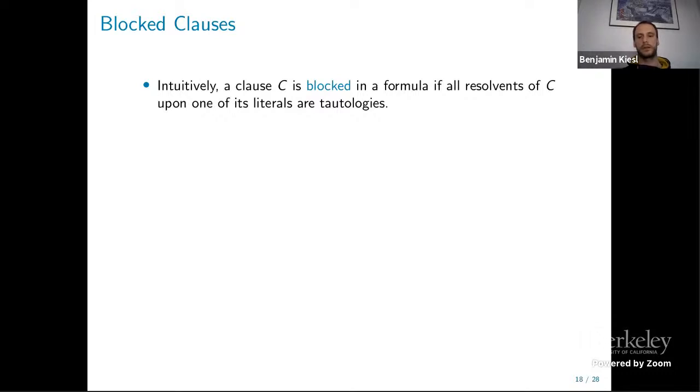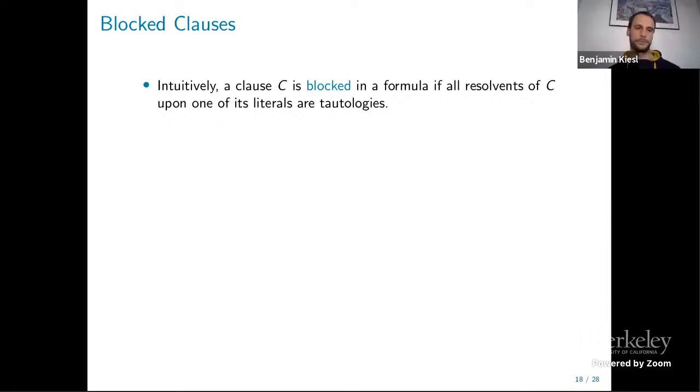Now with blocked clauses, you loosen this requirement a bit and say, I don't need the formulas before and after removing the clause to be satisfied by the same assignments. I'm fine if I just know that if the original formula is satisfiable, then the result is also satisfiable, or if they're both unsatisfiable. So you really just care about the satisfiability status, but not about the actual assignments that you're considering.